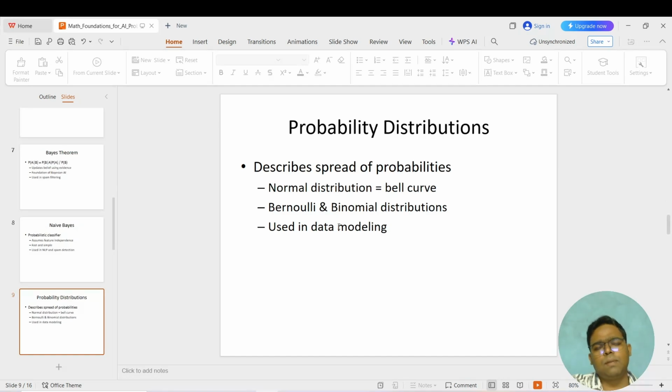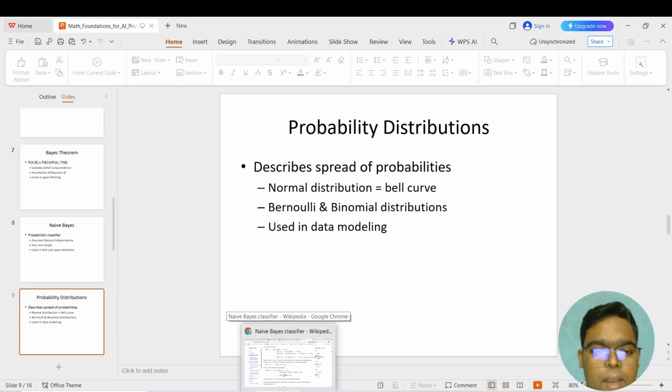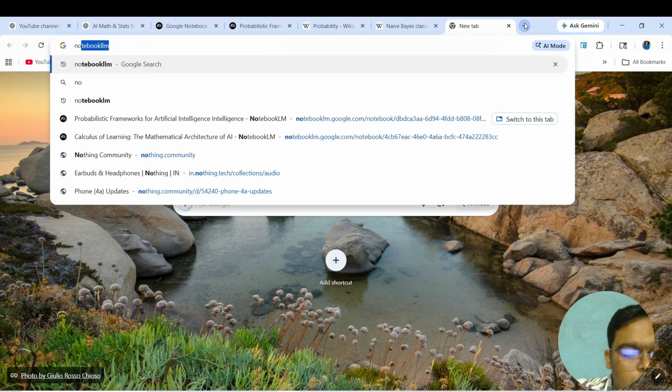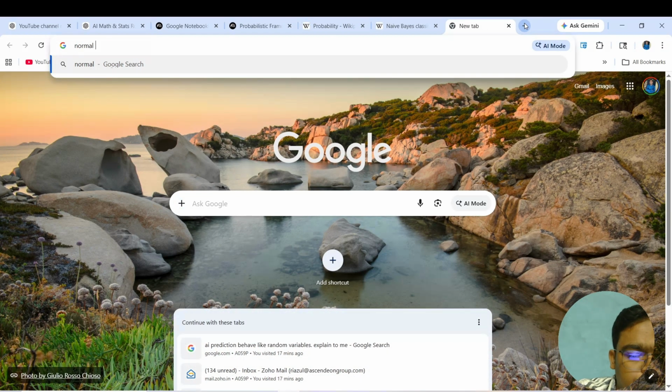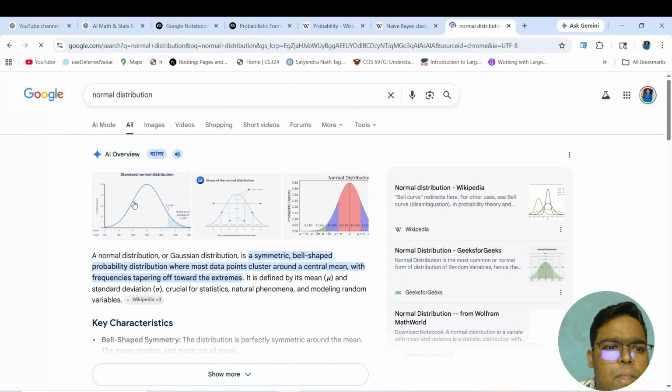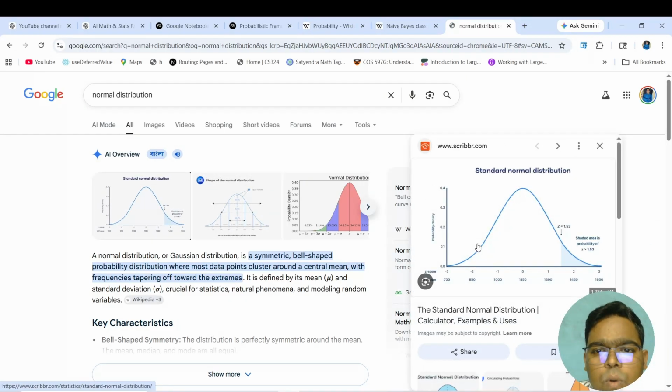Probability distributions are used in data modeling. When we have a statistics course, we will discuss this, and we also often see the bell curve shape, the normal distribution, that I am talking about. So what is it? The normal distribution has mean, median and mode all equal, and this is the probability density.